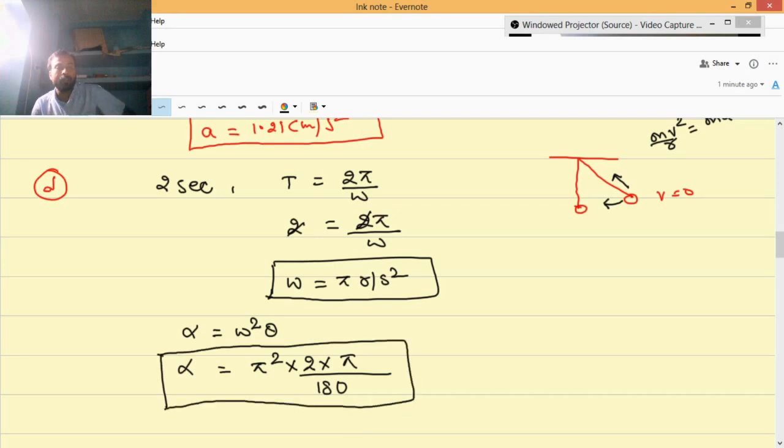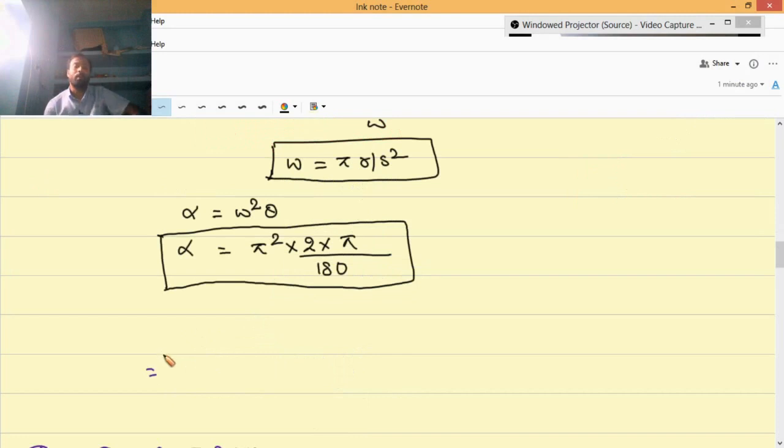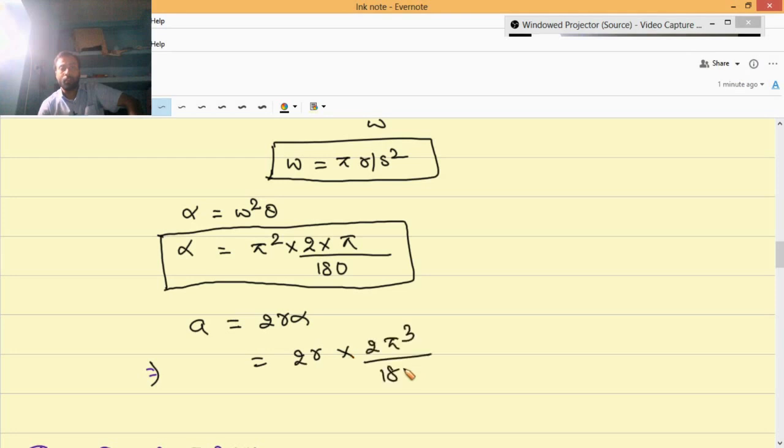So if this is the angular acceleration, and if required there is some translational acceleration or linear acceleration, it will be like 2r into alpha. So 2r into alpha value will be like 2 upon pi cube divided by 180. So we have to evaluate this particular value.